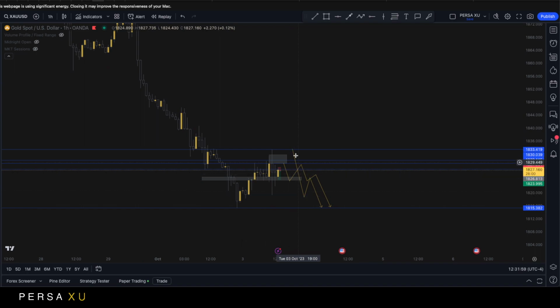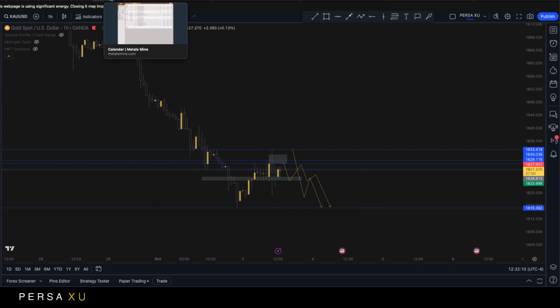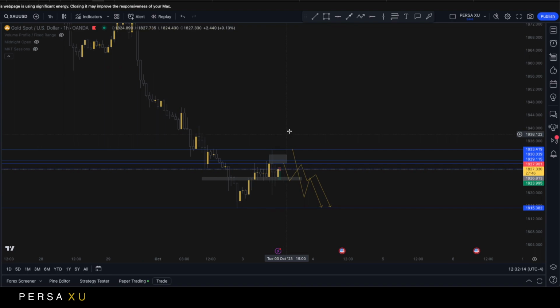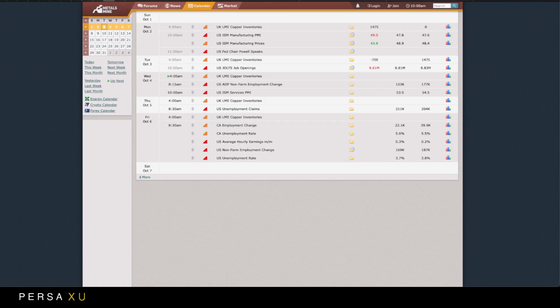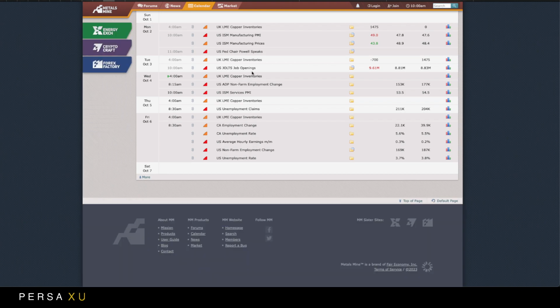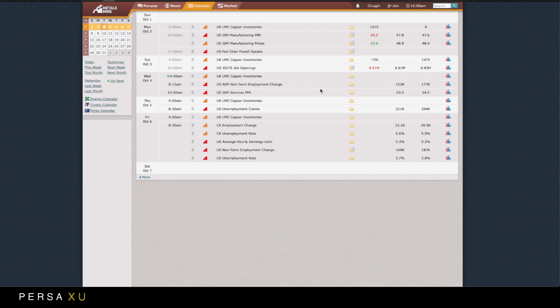Maybe by the end of, let's see, this could be tonight. It's also hard to anticipate time, but within a few hours to a day and a half, gold might want to anticipate positive news for the US dollar, meaning negative for gold, which could be this Wednesday, unemployment change, the ADP, right?